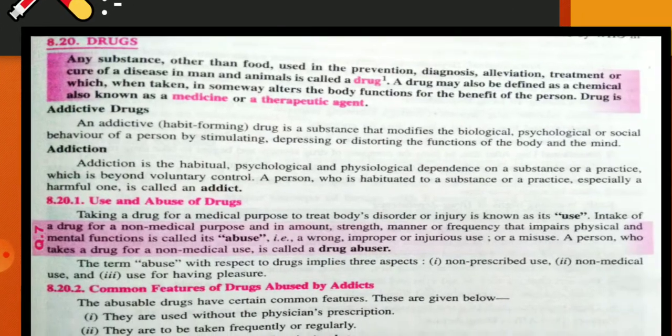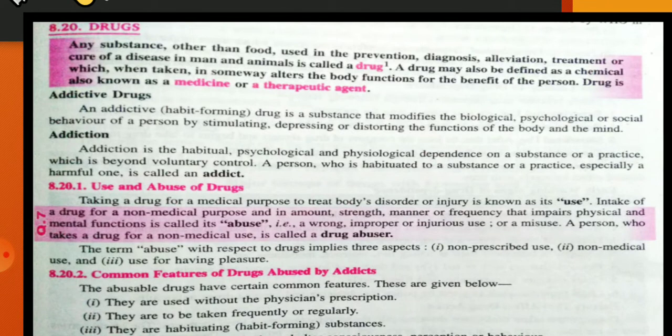So what is the definition of drugs? Any substance other than food, because in our daily life we take in different kinds of food, vegetables. Any substance other than food used in the prevention, diagnosis, alleviation, treatment or cure of a disease in humans and animals is called a drug.